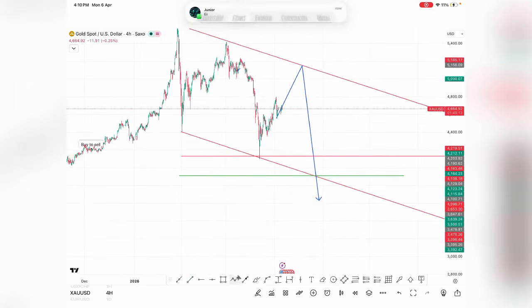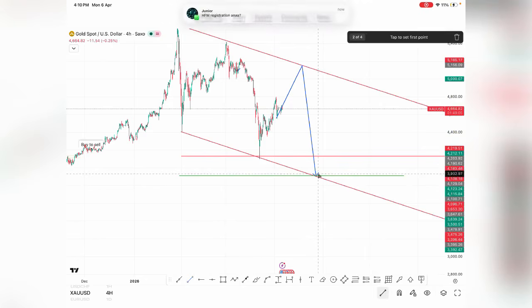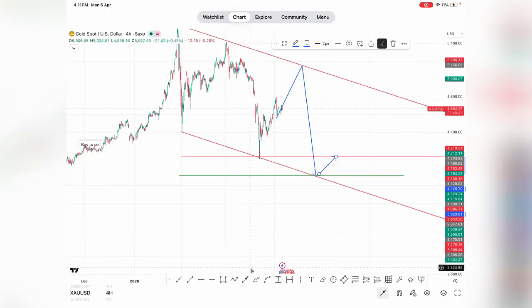And we expect the market to reverse. So we expect the market to reverse to our previous resistance level, which is this point.